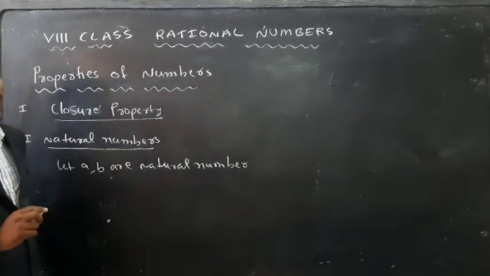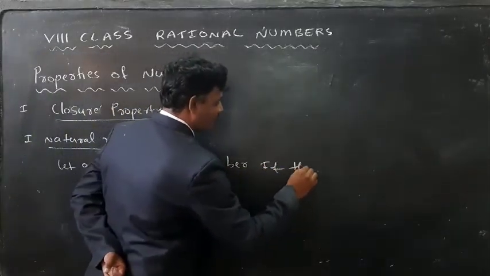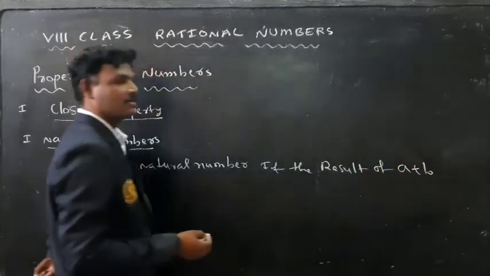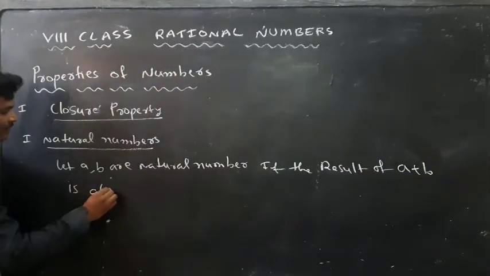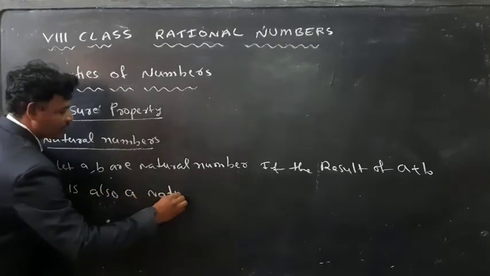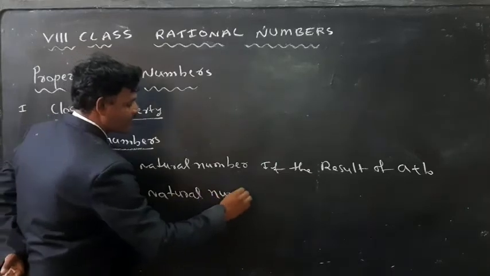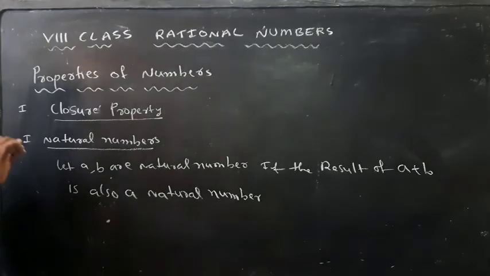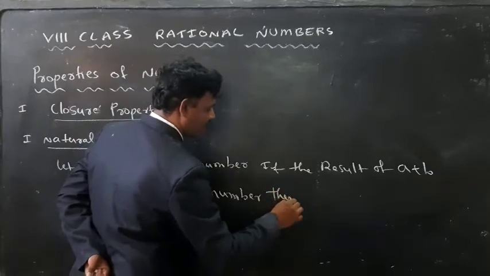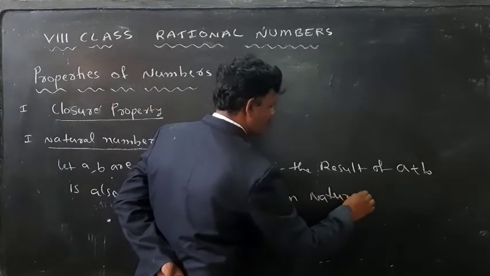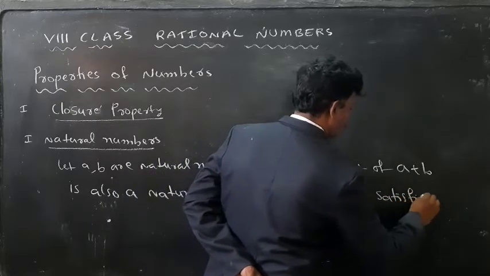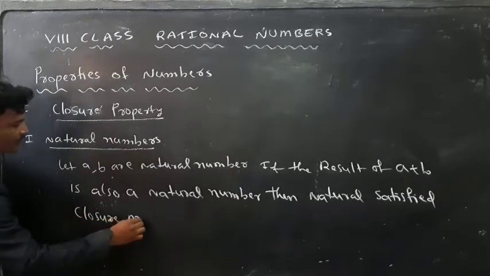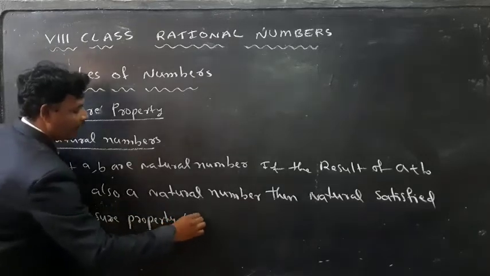If the result of a plus b is also a natural number, then natural numbers satisfy the closure property under addition.